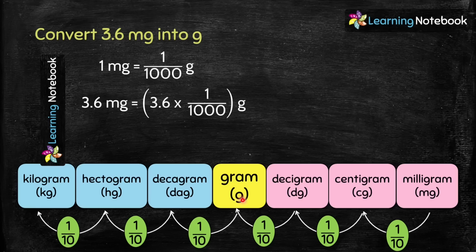Therefore, 3.6 milligram equal to 3.6 multiplied by 1 by 1000 gram. Again, we will divide it by 1000 and we just need to move the decimal place to the left by 3 places. So we get the answer as 0.0036 gram.